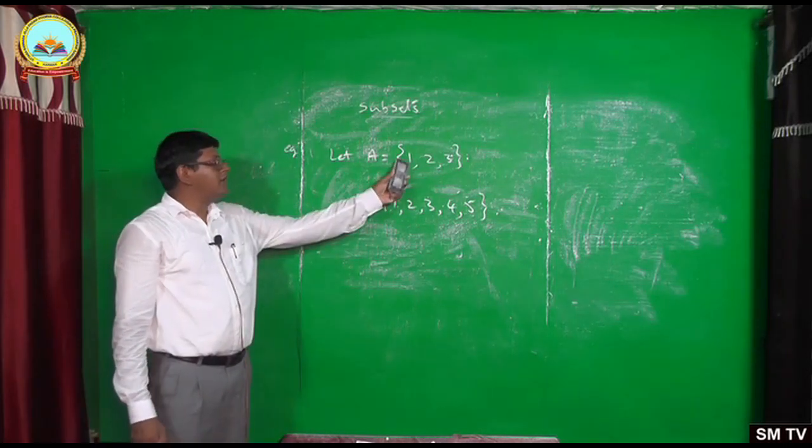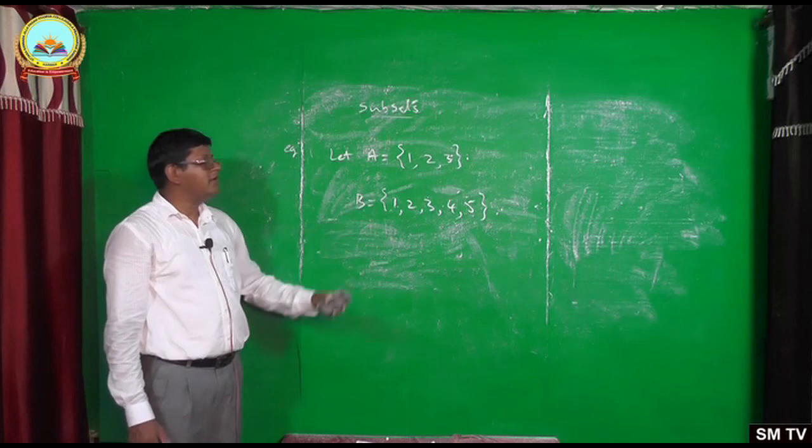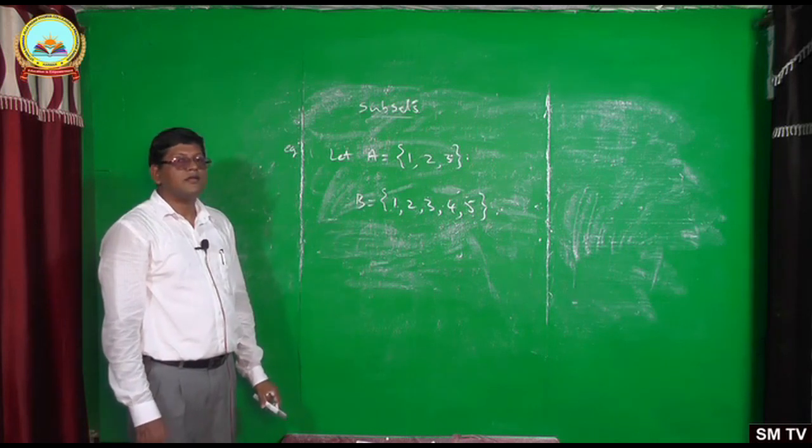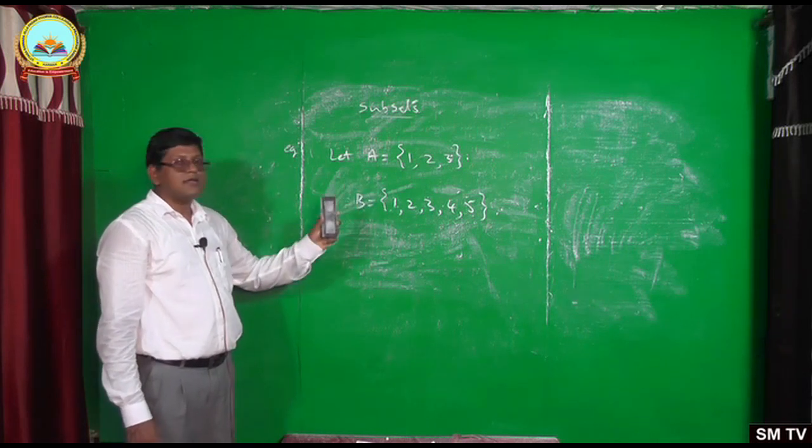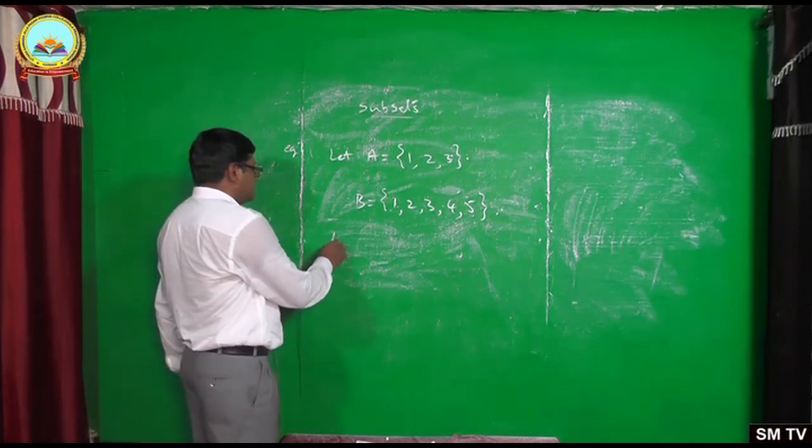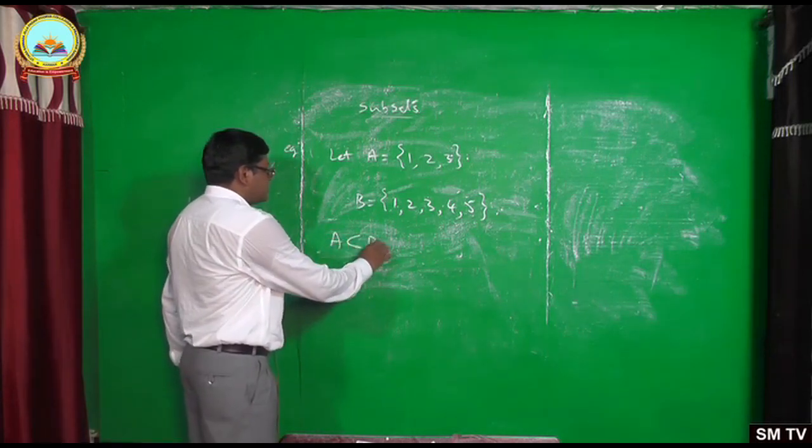Clearly, every element of A is also an element of B. Therefore, A is a subset of B. We write that like this: A is a subset of B.